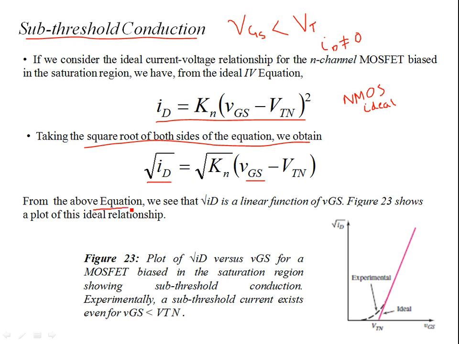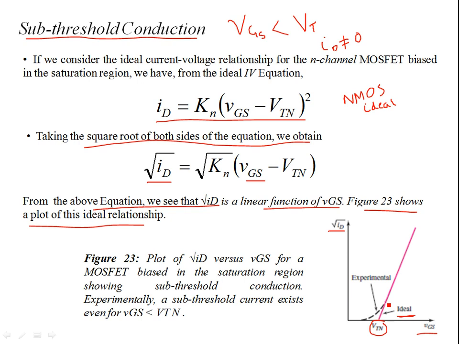From the above equation, we see that the square root of ID is a linear function of VGS. This figure 23 plots this ideal relationship. They have a linear characteristic up to the point where VGS becomes equal to VTN, and the device current, square root of ID, goes to 0. That is expected. This pink curve is ideal.